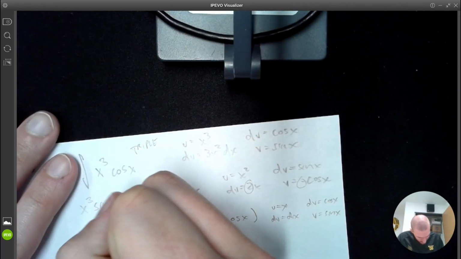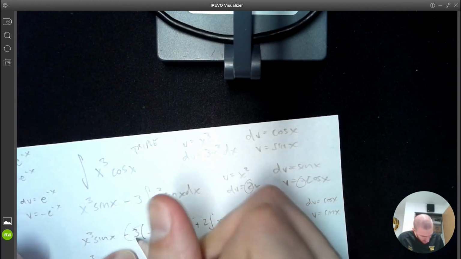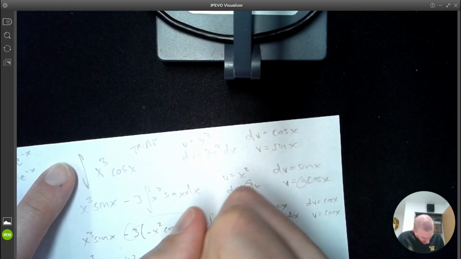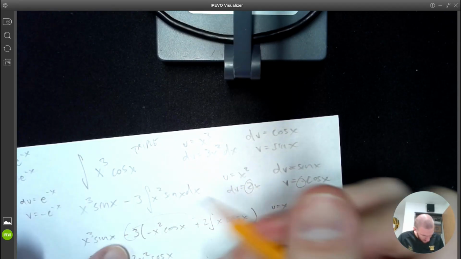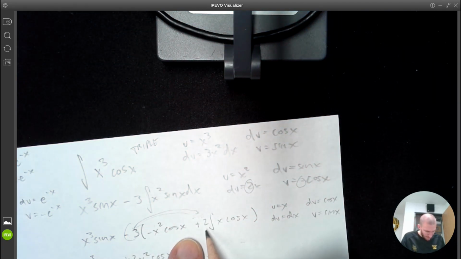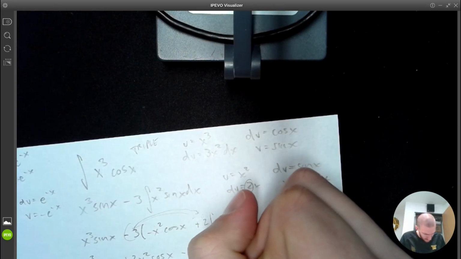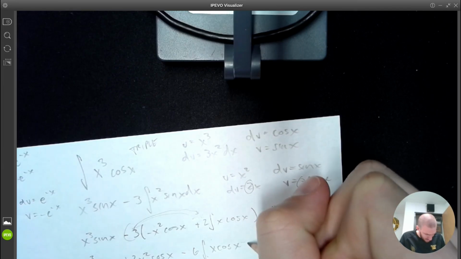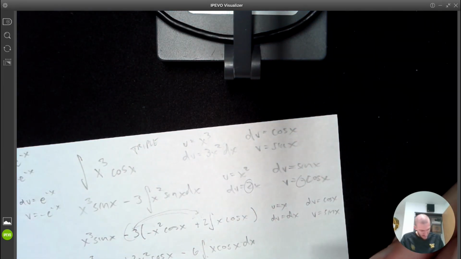Okay, this part is x cubed sine of x. This part is positive 3x squared cosine x. I need to distribute this part. And I also need to take the integral of this. So I'm just going to write it as negative 6 integral of x cosine x dx.